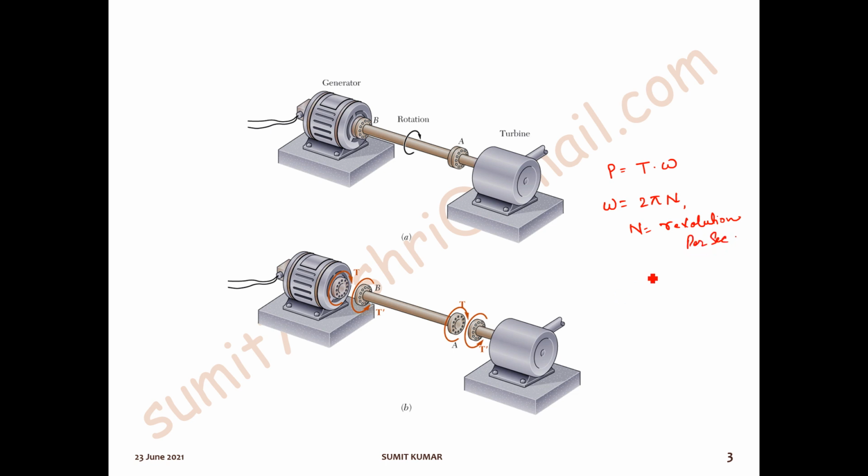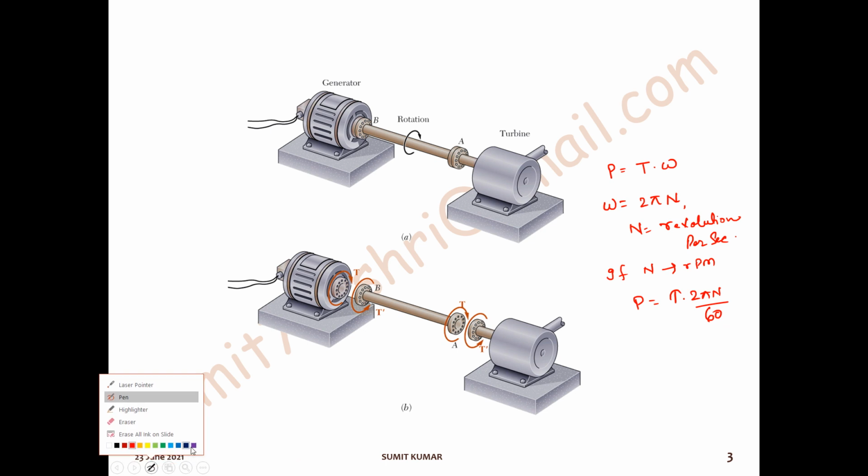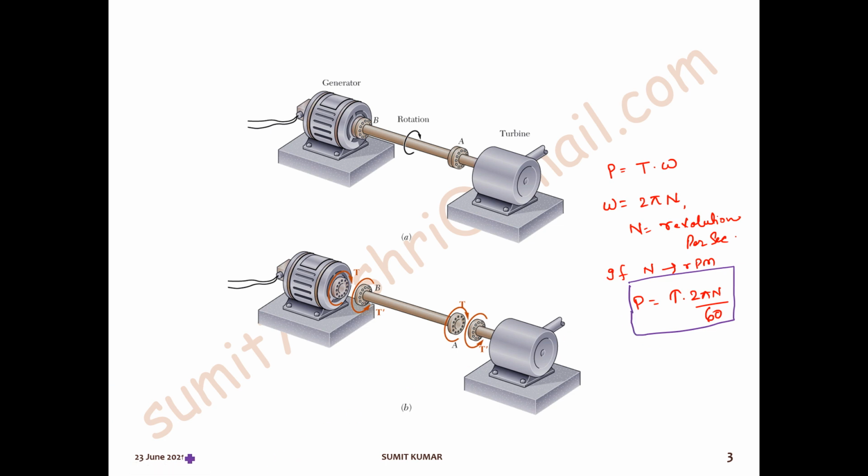But if n is given in rpm, then we can write power as T into 2 pi n by 60. So this is a very basic formula for power in terms of torque. Remember this formula.